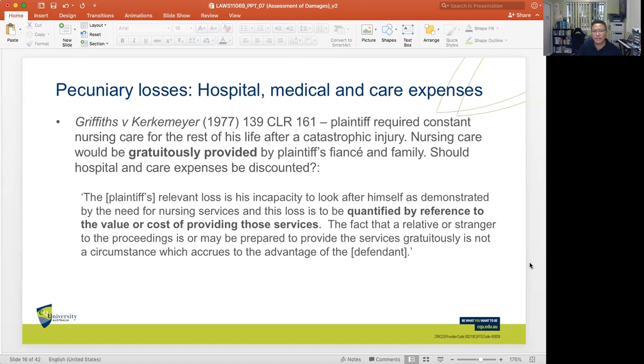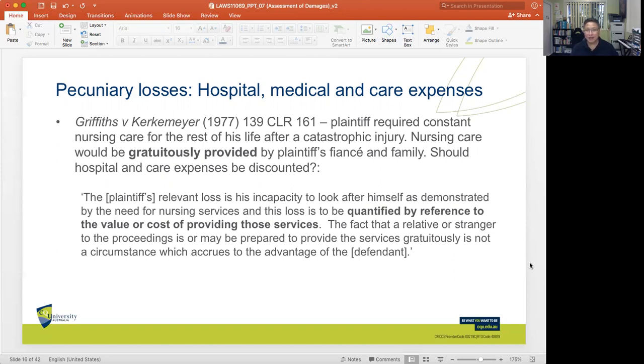And this is what is known as Griffiths versus Kirk-Mayer damages. These are damages in relation to gratuitous services provided. In this particular case, the plaintiff required constant nursing care for the rest of his life after a catastrophic injury, and nursing care would be gratuitously provided by the plaintiff's fiancé and family. Imagine that. There's still that goodness in a lot of human beings.